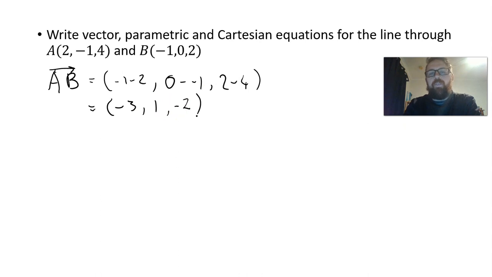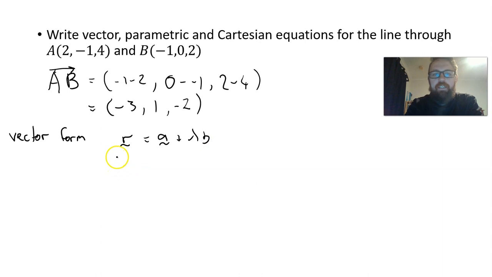So that's our vector. These two here are coordinates. The first thing we're going to do is write it in a vector equation. So in vector form, we're supposed to write it in the form r equals a plus lambda b.